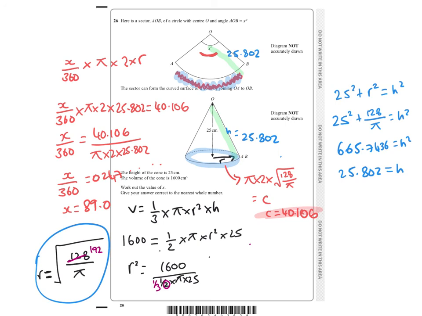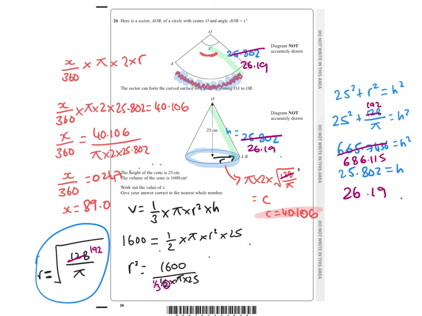So 25 squared plus 192 over pi, which is 686.115 if I root the answer. Right, so my height is 26.19. Okay, so this is 26.19. I need to change this now as well.